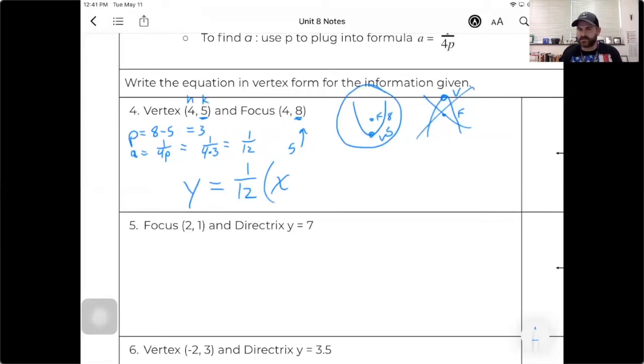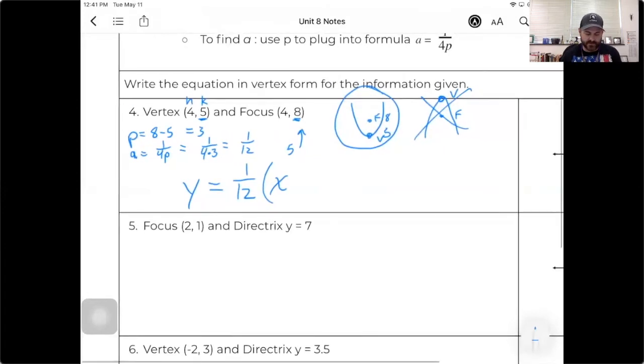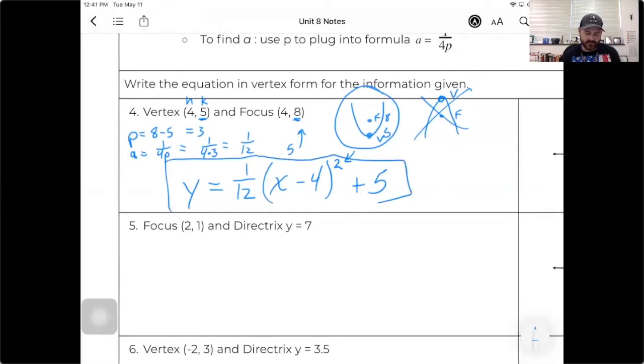Remember, h lies. So instead of x plus 4, I'm going to do x minus 4, parentheses squared. Don't forget to put that there. Plus my k value. And I know it's plus because k is 5. K tells the truth. And there we have it. That is our equation. So it's a little bit easier, given the information, to write the equation.